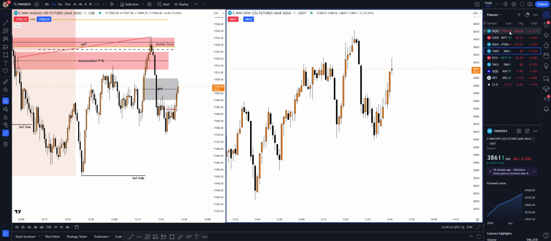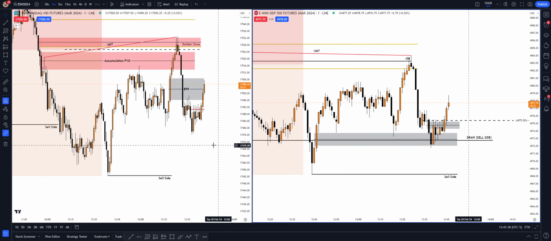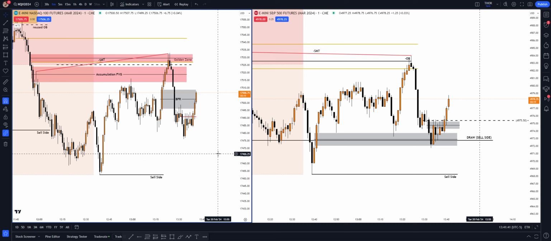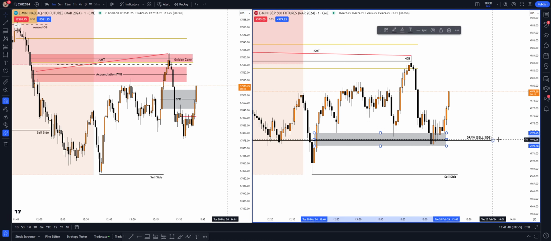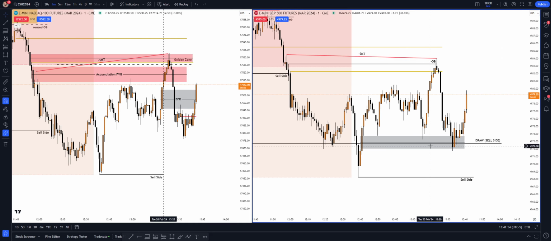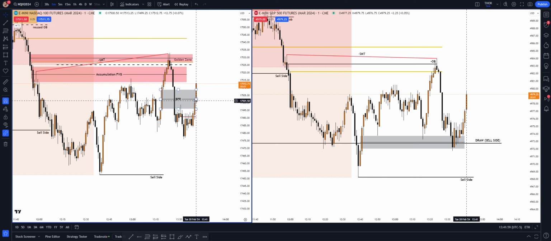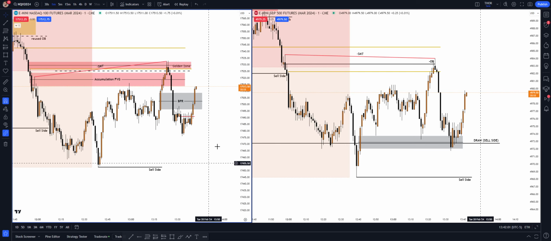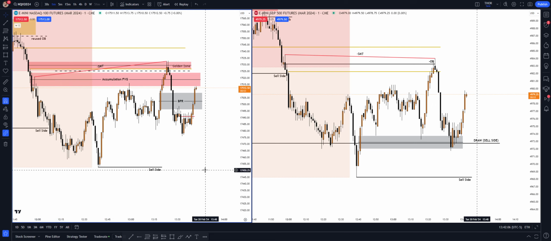Yeah, no. I can delete this now. You see now the BPR is violated. The chances of going lower is very slim at the moment. I wouldn't want to be in a short sell in this environment.